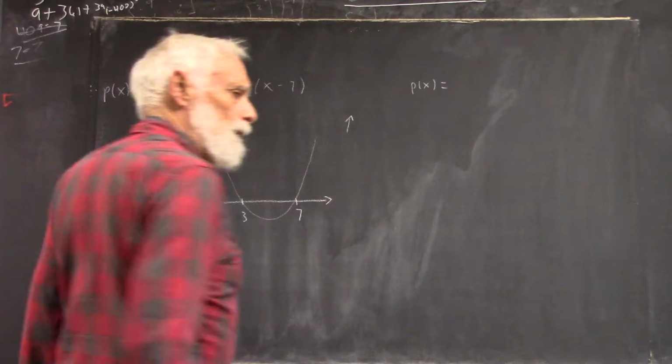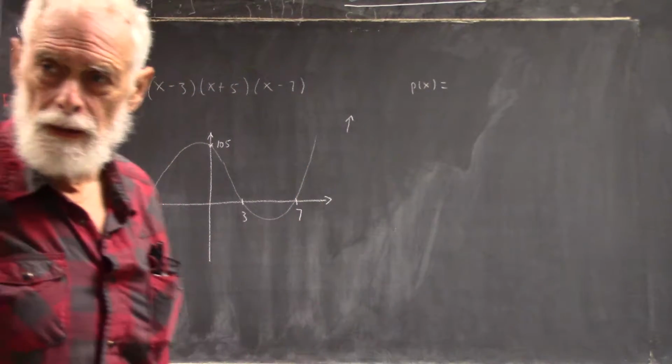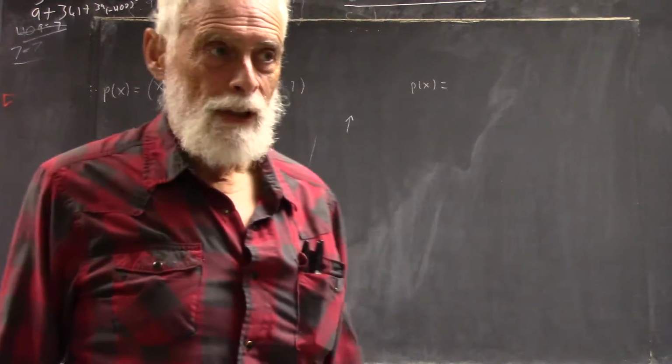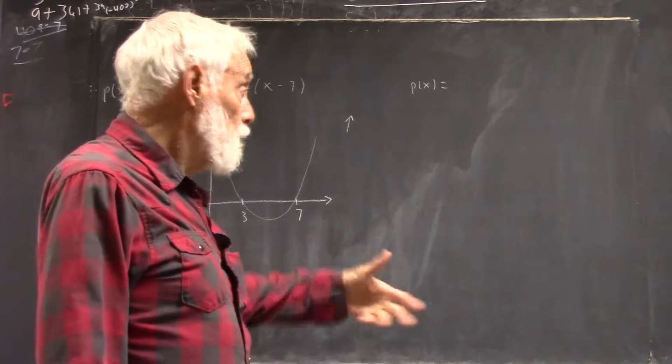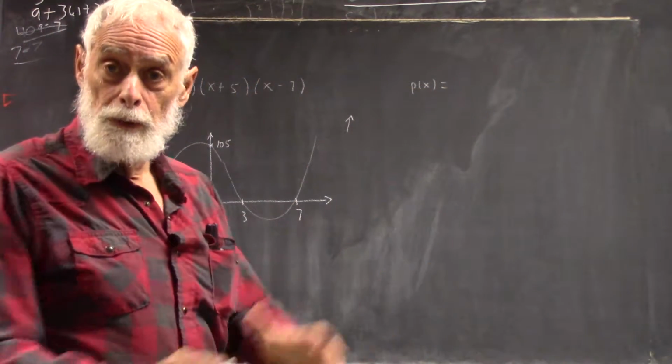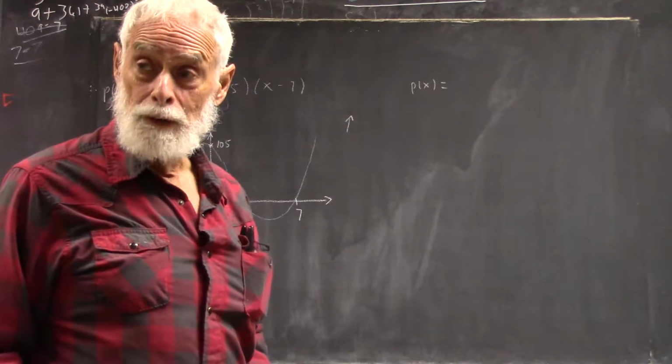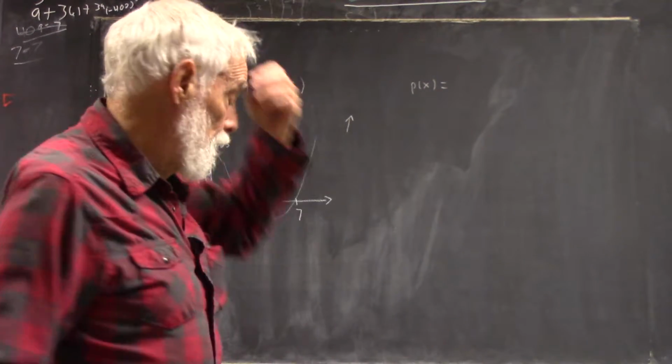Okay, well, let's take another one. I'm going to do a polynomial divided by a polynomial. I'm not going to actually construct a graph of this thing, because there's a little more to it if you have a polynomial divided by a polynomial. Okay? And we'll be talking about that soon.